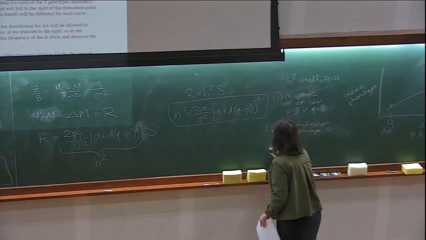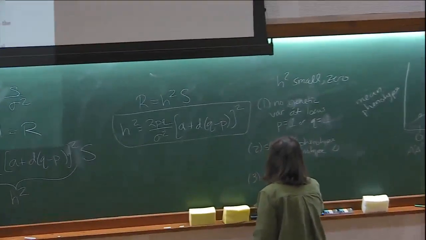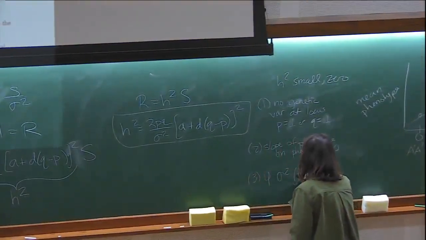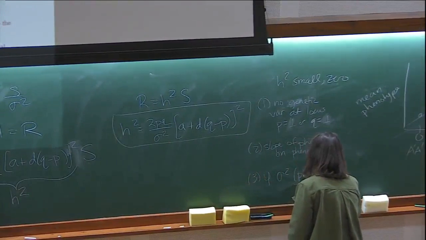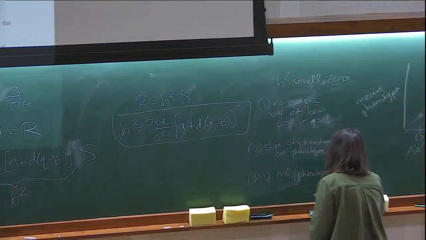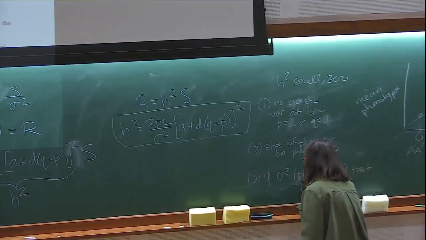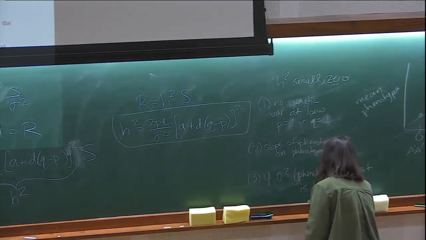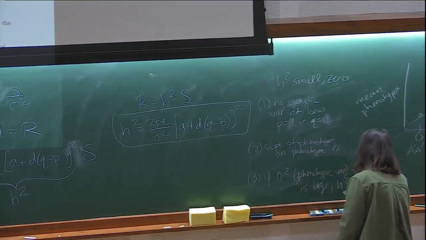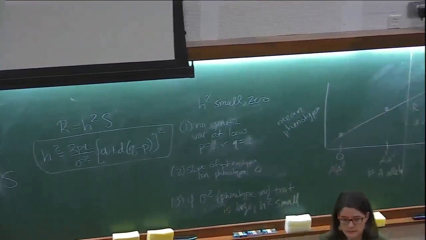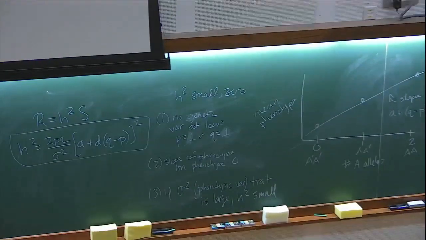and finally, if the phenotypic variation for the trait is large, it makes heritability small. That sigma squared is the distribution of the phenotype, the whole phenotype.